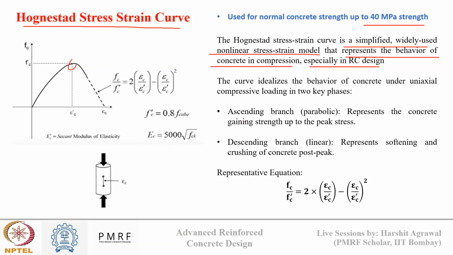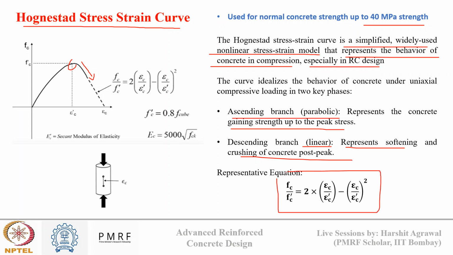Okay, before yielding, that is the ascending branch, the parabolic part, which represents concrete gaining strength up till peak stress, and the descending branch, which is linear, so it assumes a linear descending profile which represents softening and crushing of concrete post peak. Okay, and the representative equation for this curve is given by fc upon fc dash is 2 times epsilon c upon epsilon c dash minus epsilon c upon epsilon c dash whole square.